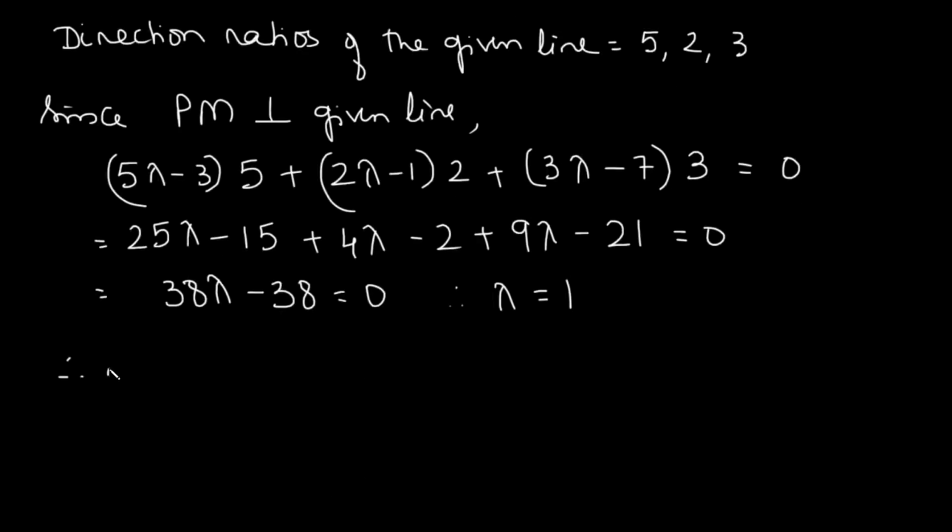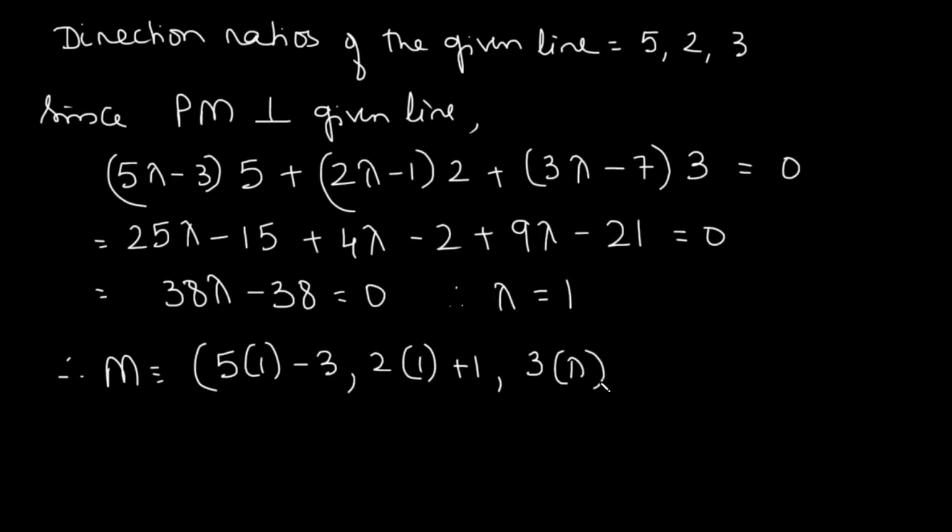And therefore, M comes out to be, in this case, 5 into 1 minus 3, then 2 into 1 plus 1, and 3 into 1 minus 4, which comes out to be 5 minus 3, that is 2, then 3 and minus 1. So these are the coordinates of M, and this is our required answer, that is it.